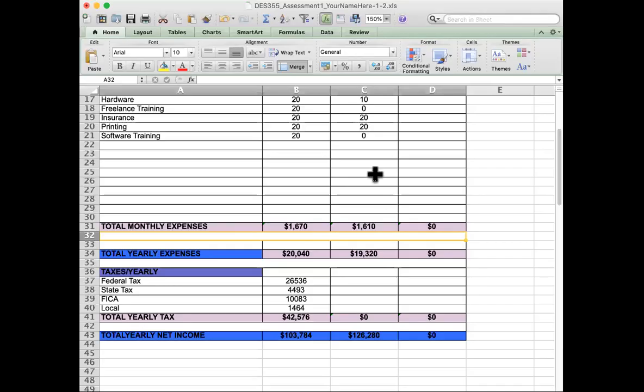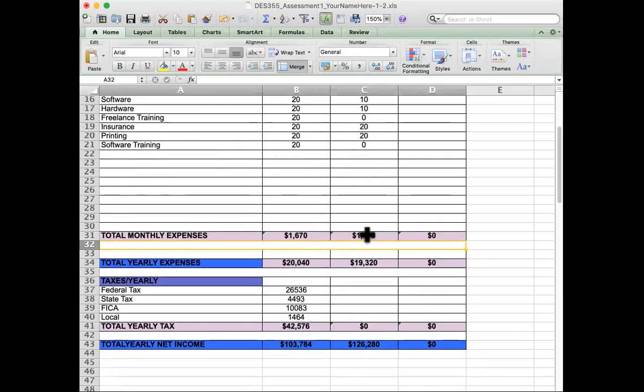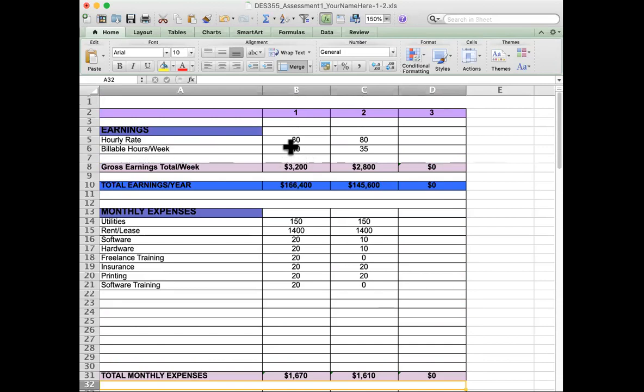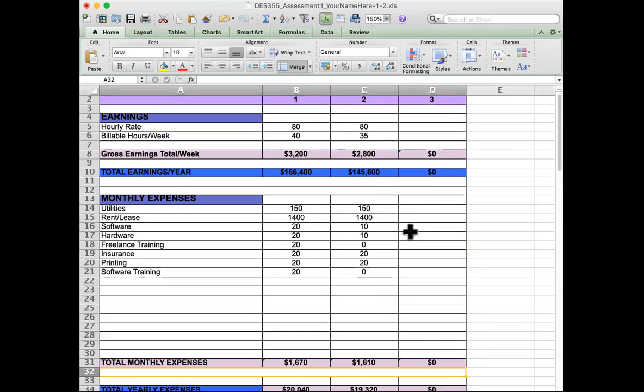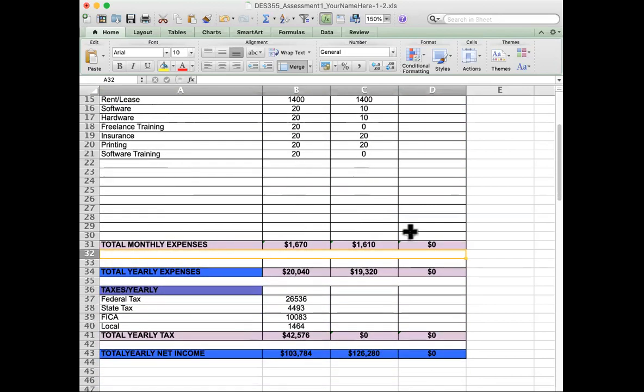So you're just going to keep going through this. I would just adjust maybe the billable hours, maybe some of the monthly expenses, just to make that total a little different. You can go from lower billable hours, say you start out one month doing 10 hours, and then you go up to 20, and then you go up to 40, kind of see how that changes. But this will kind of get you the totals that you need. So once you're done, you'll have all of these figured out, okay?